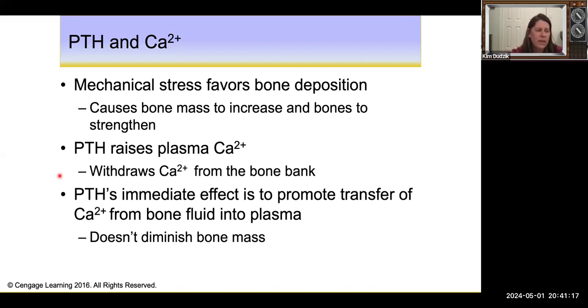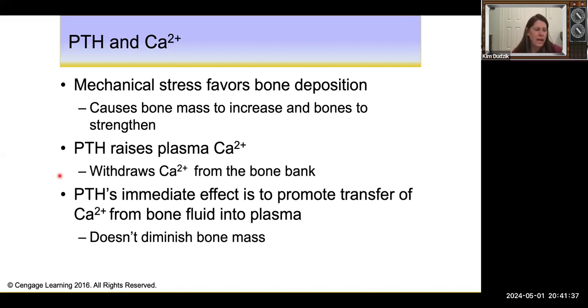The lack of mechanical stress will weaken bones. Like astronauts, when they go into space, they come back with weakened bones because they don't have any gravity to cause that impact against their bones.